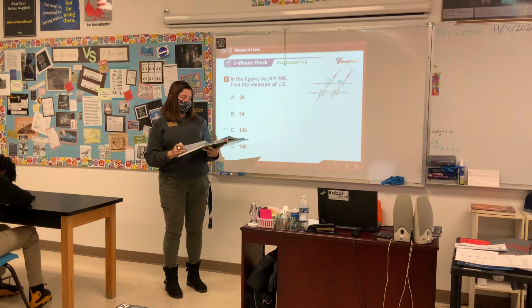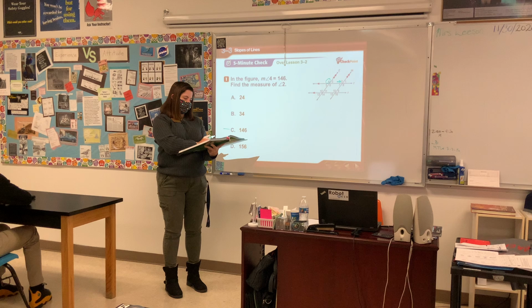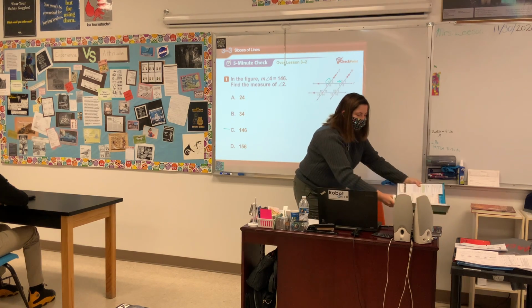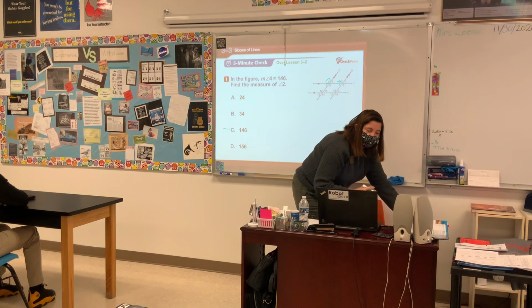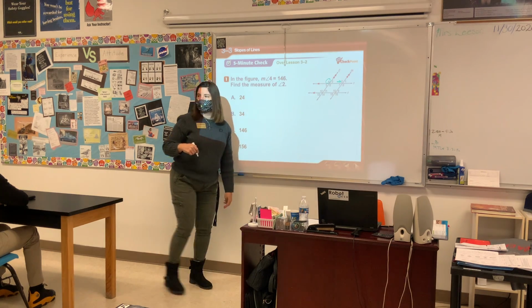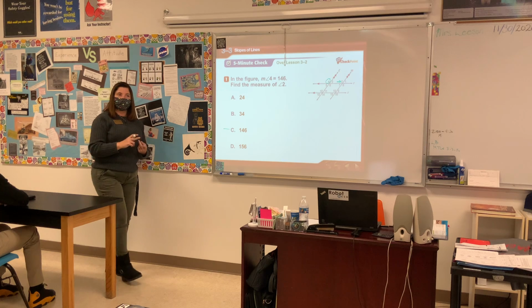Okay? So 1 postulate, 3 theorems, and then there's a 4th theorem, the perpendicular transversal theorem. If this is not ringing a bell, you need to look that up as soon as possible. We have another test this Thursday. That's going to be over 3-1, 3-2, 3-3.